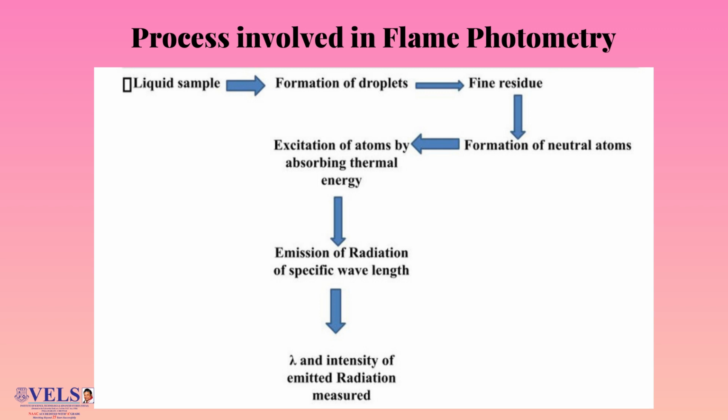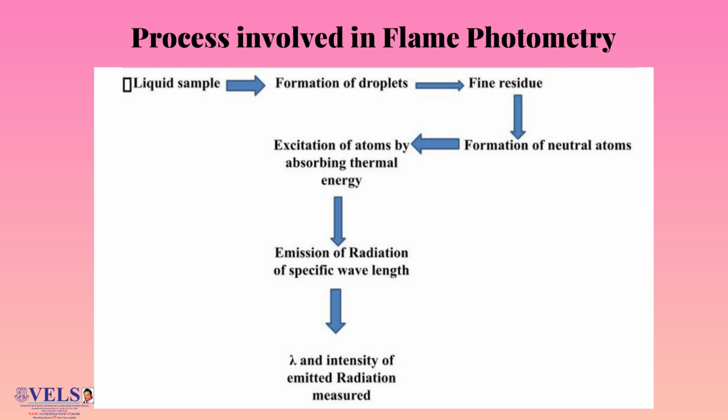Once the compound is converted into the neutral state, it absorbs energy from the radiation and goes to the excited state. The paired electrons come to the unpaired electron state. The unpaired state is not stable, so it emits the gained energy and moves from one shell back to the lower shell.